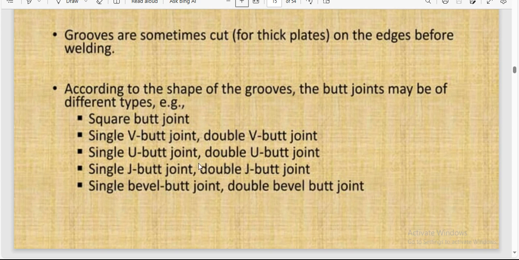Those are the types, or the ways, we use in butt joint shapes. We can use all of them, but they are based on the specific applications of the welded materials.